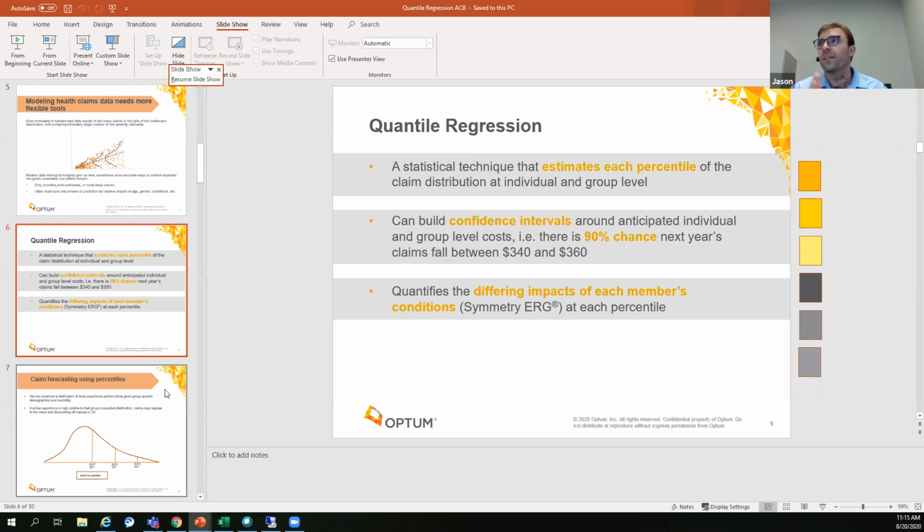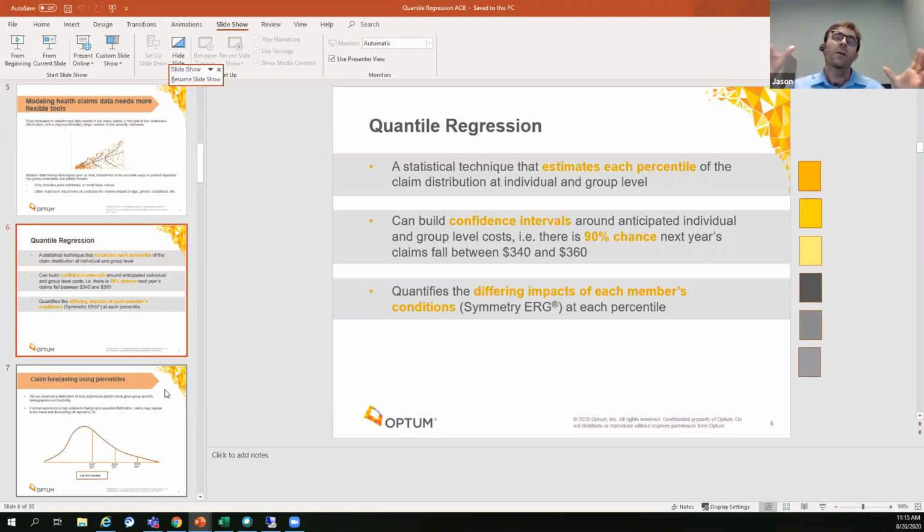So for example, instead of just saying, we think your risk score is a 1.8, or we think your expected cost for next year is $350 PMPM, we can say things like, there's a 90% chance that your claims fall between 340 and 360, or there's an 80% chance that they fall between 345 and 355 or something like that, right?